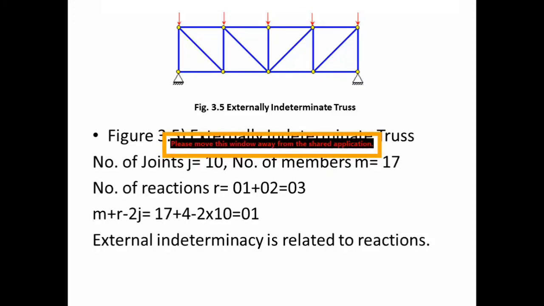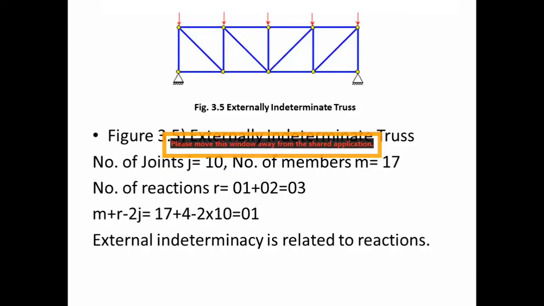What is the difference between the previous truss and this truss? In the previous truss there was an additional member. Here one reaction is additional. When reactions are additional, it is external indeterminacy. When members are additional, it is internal indeterminacy. It is applicable for trusses only. I will repeat: external indeterminacy is with respect to additional reactions. Internal indeterminacy is with respect to additional members of the truss.